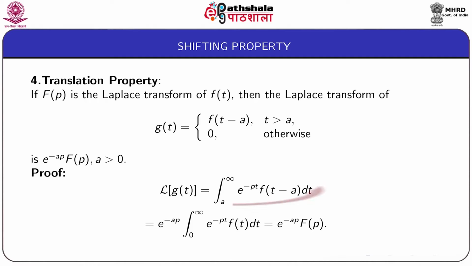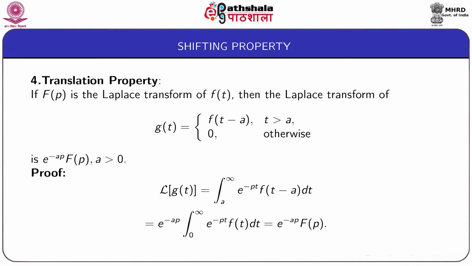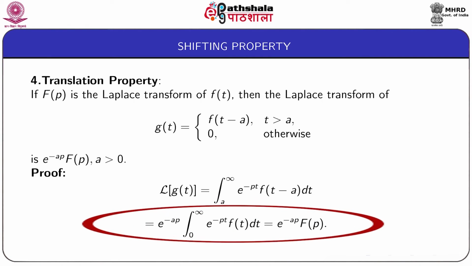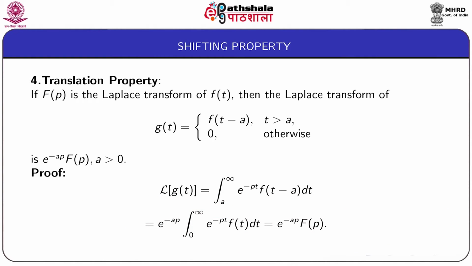Now we find the Laplace transform of small g(t), which is given by the integral from a to infinity e to the power minus pt f of t minus a dt, that is equal to e to the power minus ap integral from 0 to infinity e to the power minus pt f(t) dt. Here we have substituted t minus a as t, and this integral can be written as e to the power minus ap capital F(p).